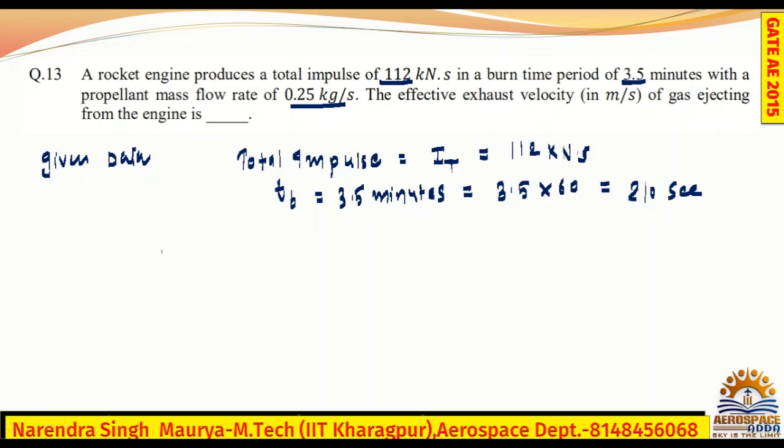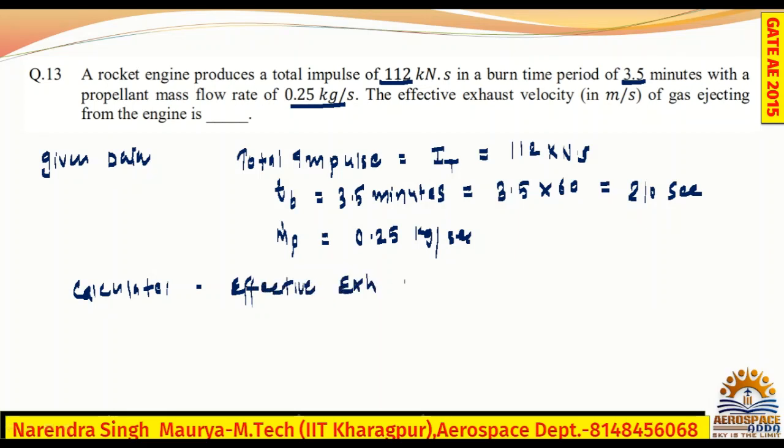210 seconds, with a propellant mass flow rate, m dot p, they have given 0.25 kg per second. They are asking to calculate the effective exhaust velocity.